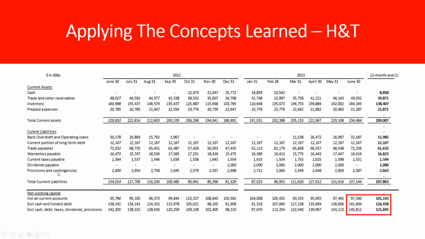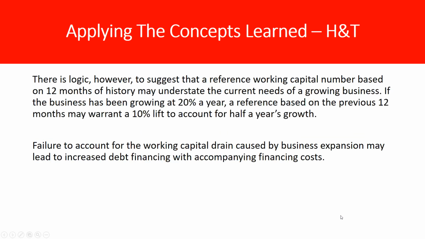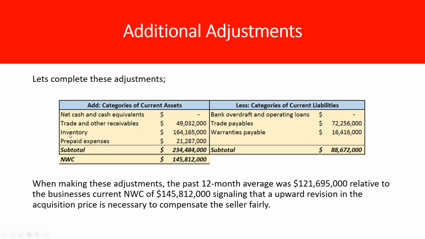And we're not accounting for provisions and contingencies. So when we strip these away, the average changes from a $116 million working capital normal level to a $121 million working capital level. So the net working capital of the business on average increases when we exclude these. And so really, when we make these adjustments, I'll go back to the final slide over here.